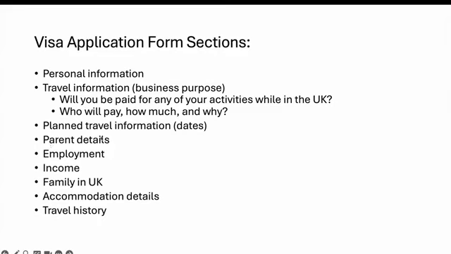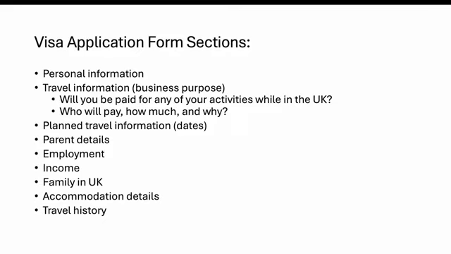Then it's parent details, employment details, and any income you have. Make sure to put any income you have here, because it always helps your file to justify that you are a dependent person and you can pay for any kind of emergency expenses you might have in a foreign country.